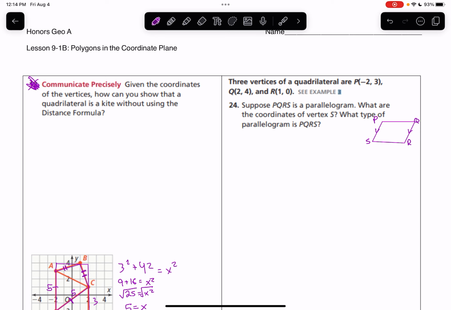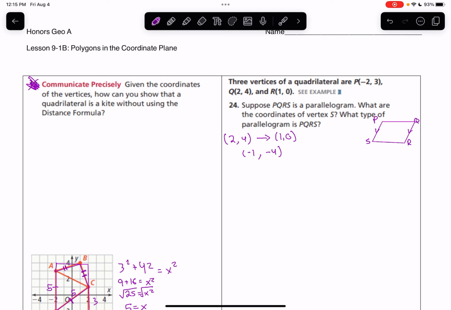So I know that the distance from Q to R, or not even the distance, but the direction from Q to R is going to be the same as the direction from P to S. So if I started at Q, 2, 4, and I went to R at 1, 0, my x values would go down 1 because the x value here is 2, the x value here is 1. So my x values would go down 1, and my y values go from 4 to 0, so they would go down 4.